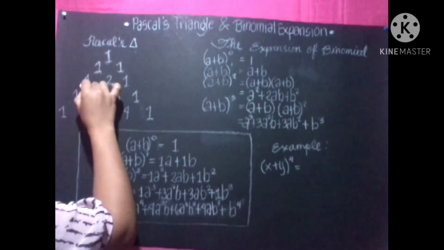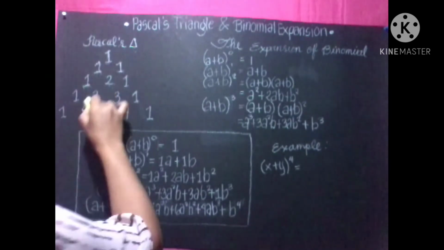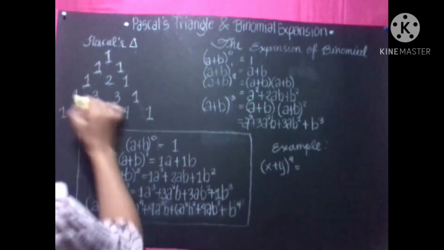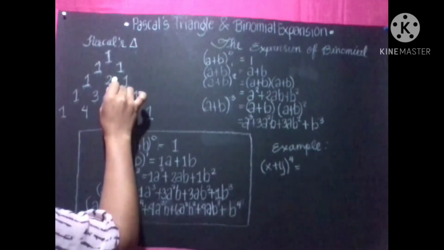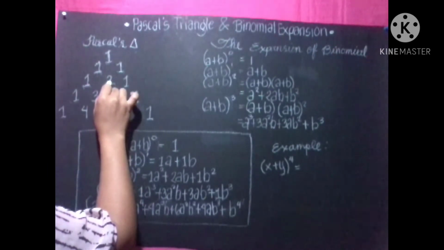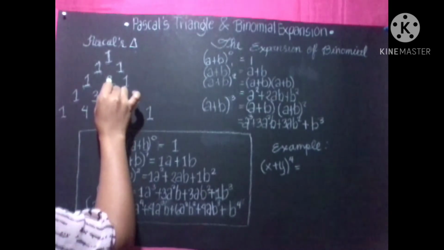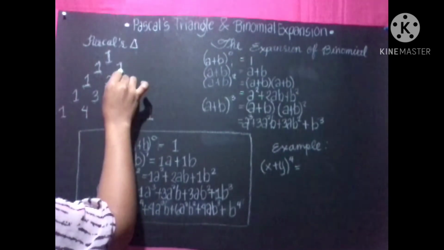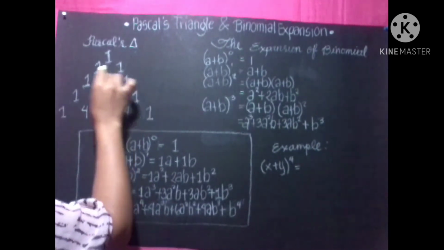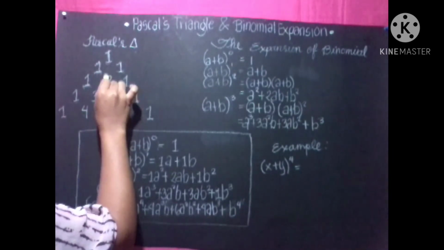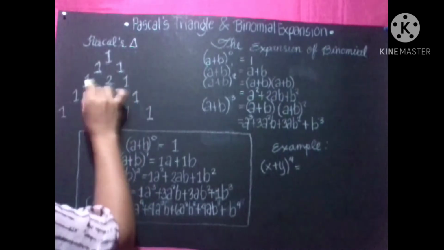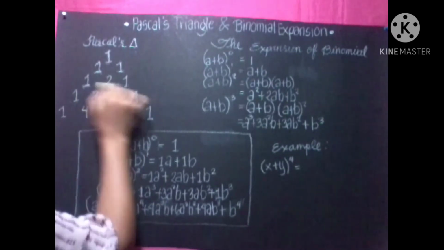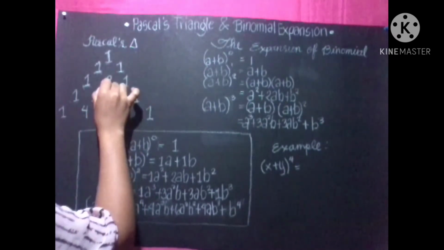So at the left we have another 1, and then 2. How did we get the 2? By looking at the numbers above, we have 1 and 1, and we came up with 2. And another 1. We need to fill this out.